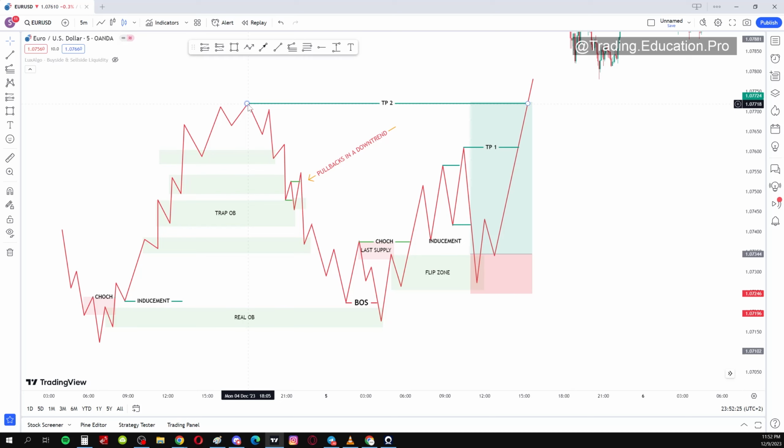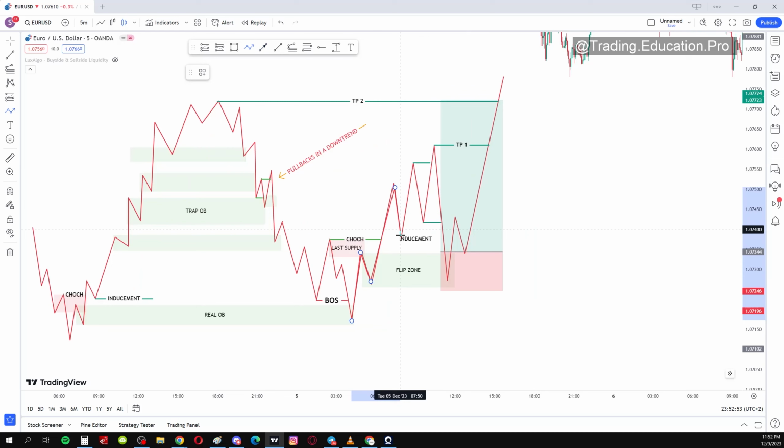And so what are we trying to do in this situation? We're trying to enter on the first pullback, right? We hit a real OB, then we wait for 1, 2, 3, 4, 5, 6, 7, or however many there are, it does not matter.